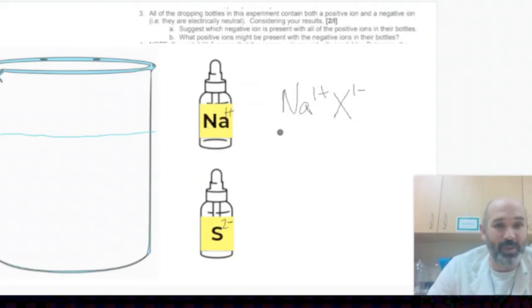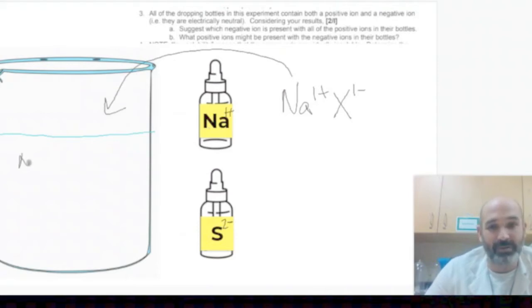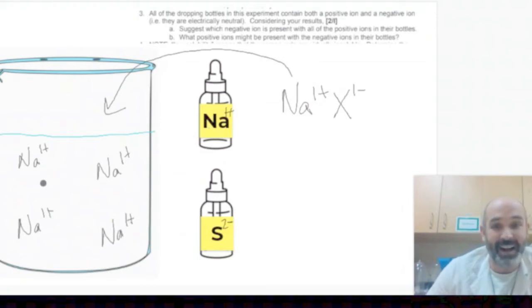And again, remember, these have to be highly soluble. So when I put both of these into a beaker with water, what would be floating around in the solution would be a whole bunch of sodium ions, so Na1+, as well as a highly soluble anion that would have the opposite charge of the sodium, okay? So a whole bunch of these. And again, remember, these are all surrounded by water molecules, water being a polar substance.